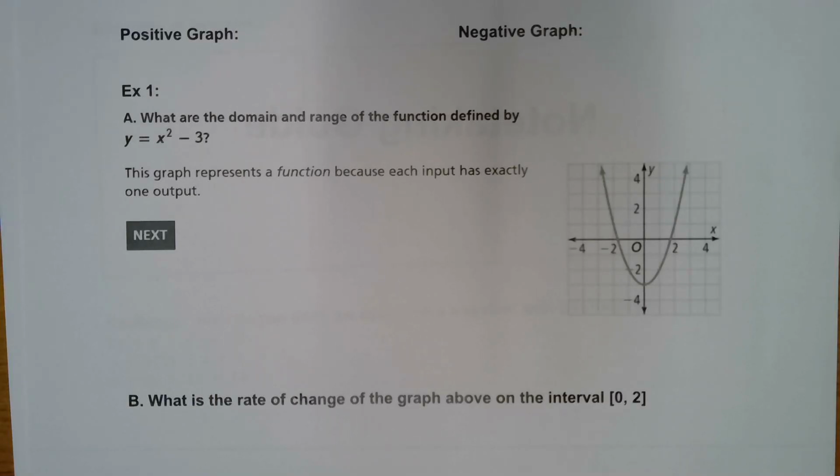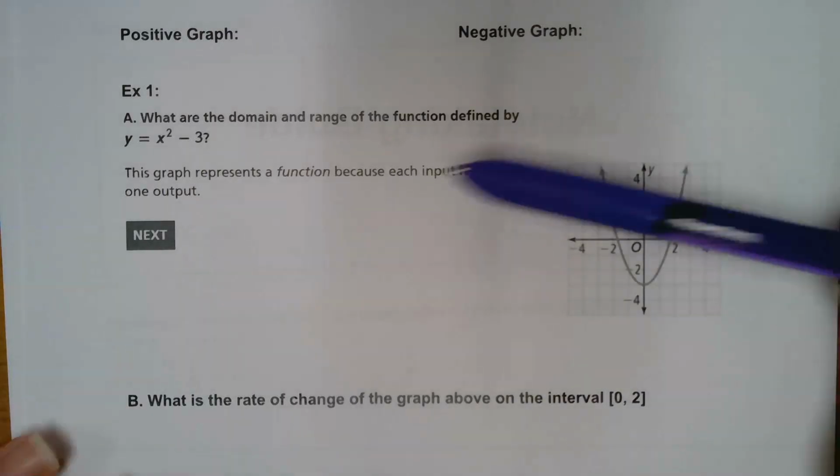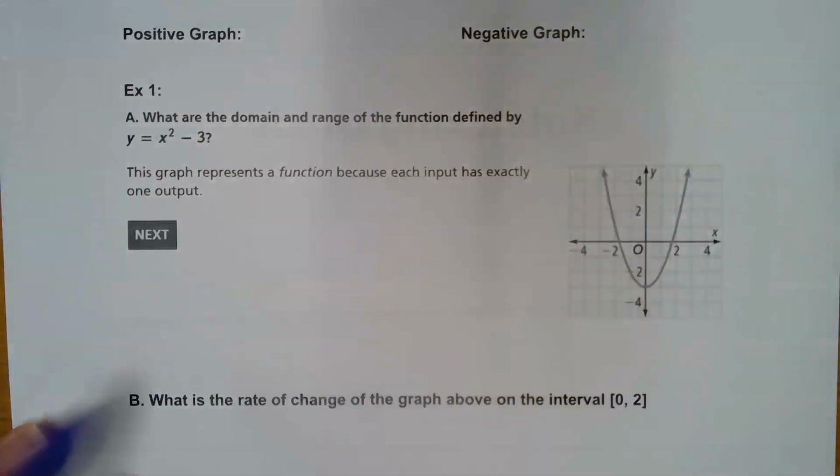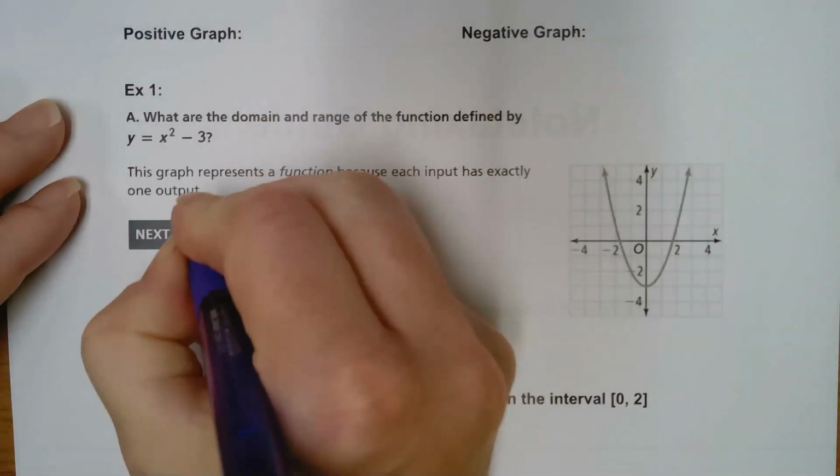Those arrows mean that graph goes forever up and then forever in both directions. Okay, it does not stop. So if I was describing the domain then, the domain is going forever this way and forever that way. So on the graph, we would call that all real numbers for the domain.